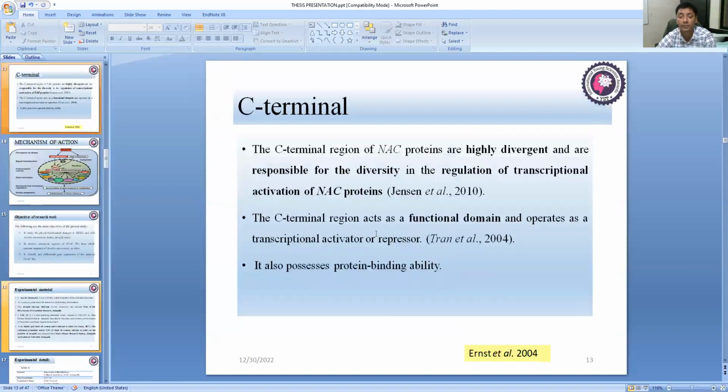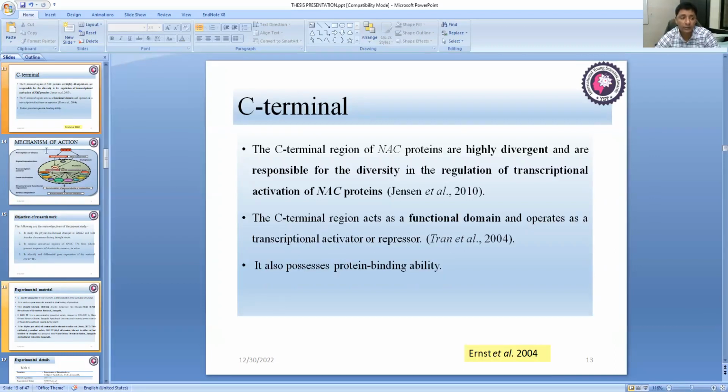As I told you, the highly divergent region is the C-terminal region, which is responsible for the diversity in the regulation of transcription activation of the NAC protein, which is a functional domain and operates as a transcriptional activator or repressor. It also possesses protein binding abilities.